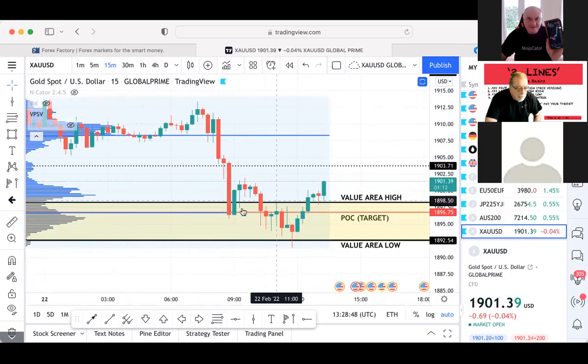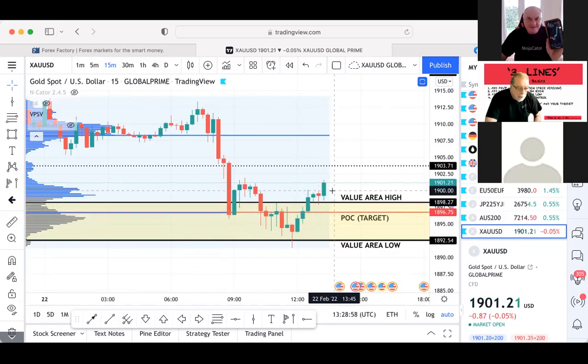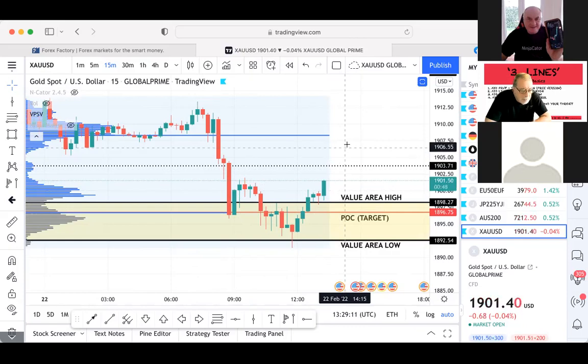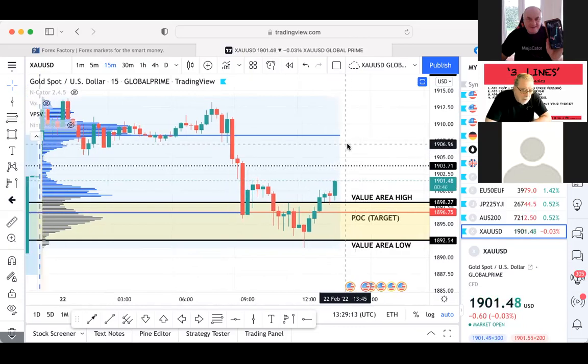Now, if you were just following the basic 3-line strategy, that would mean, because it's gone out of this yellow shaded area, that you're not in a position to take any trades. The 3-line strategy is trading within that value area. So we're now outside the value area, and we need to look at it from a different perspective.